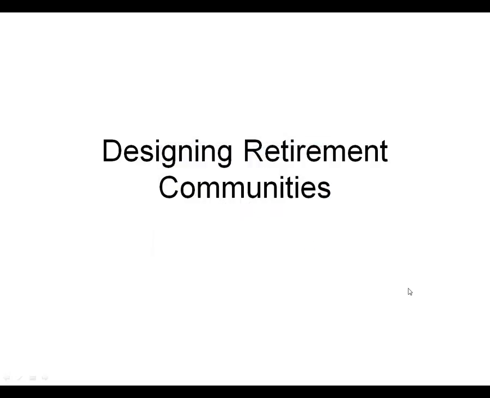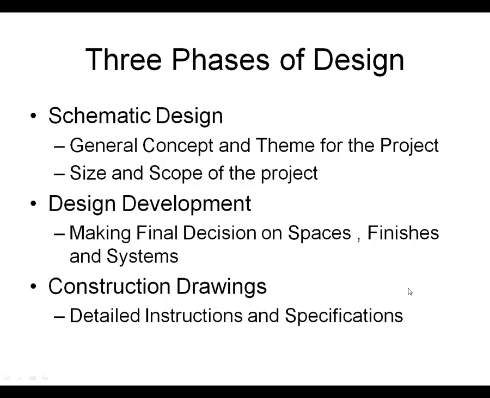Designing retirement communities. There are three main phases of design. The schematic phase, during which people get clear about the kind of program that they're trying to develop and the kind of target market that they want to attract.